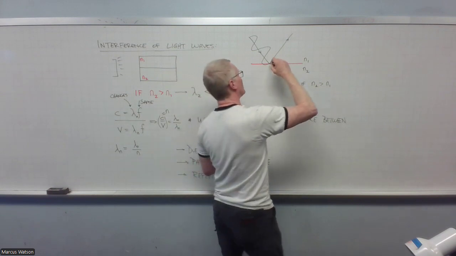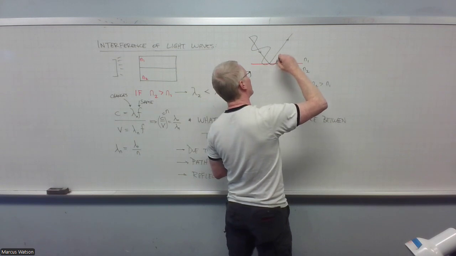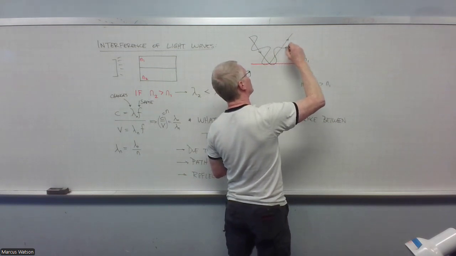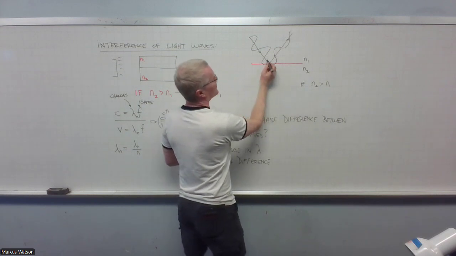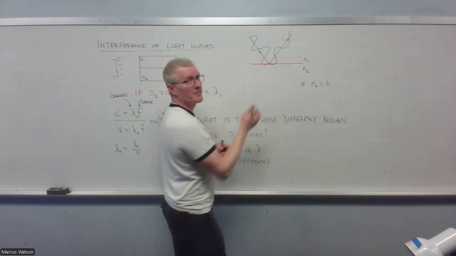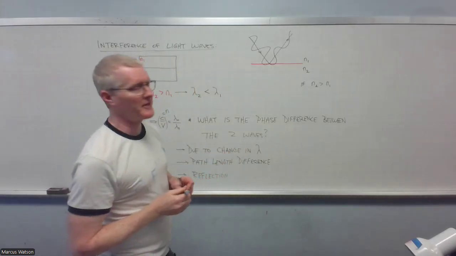So that means the outgoing wave starts with another trough and goes like that. Reason being, if it hadn't flipped, it would have been doing a peak right here. Okay, so this is a reflection phase shift.